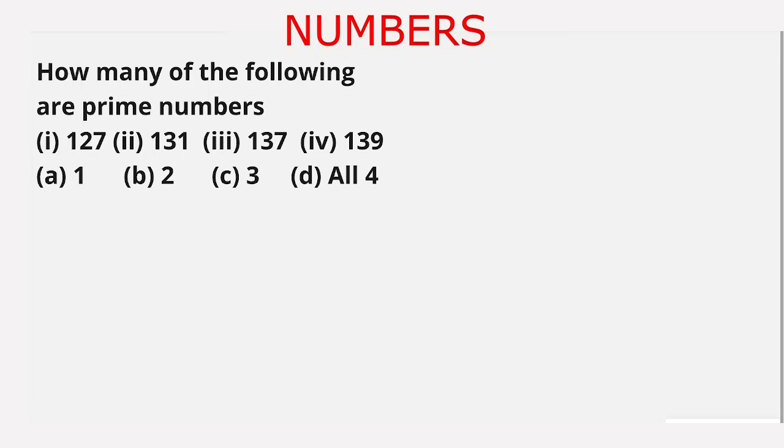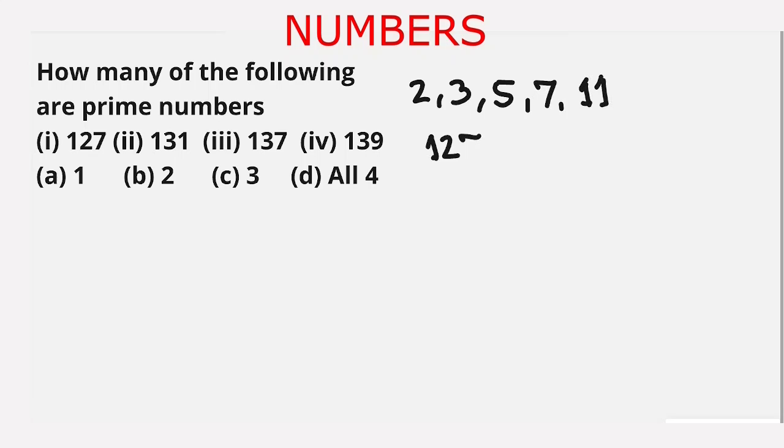So we will take the number 144, and square root of 144 is 12. So we will divide 127 by all prime numbers below 12, and those prime numbers are 2, 3, 5, 7 and 11.